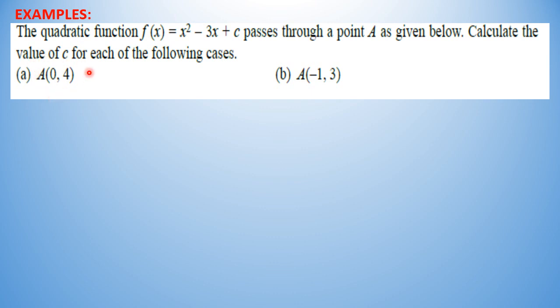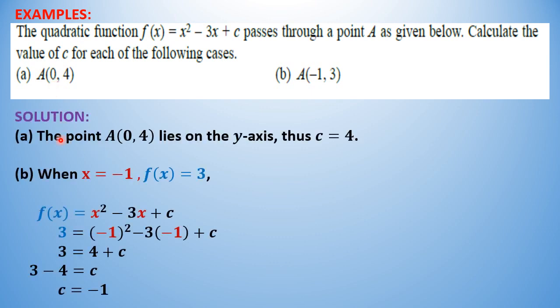If x equals 0, that means this point cuts the y-axis. So you can write your answer. This one, no need to calculate, because if the x coordinate is 0, the point lies on the y-axis. So you just write c equals 4, that is enough, okay?